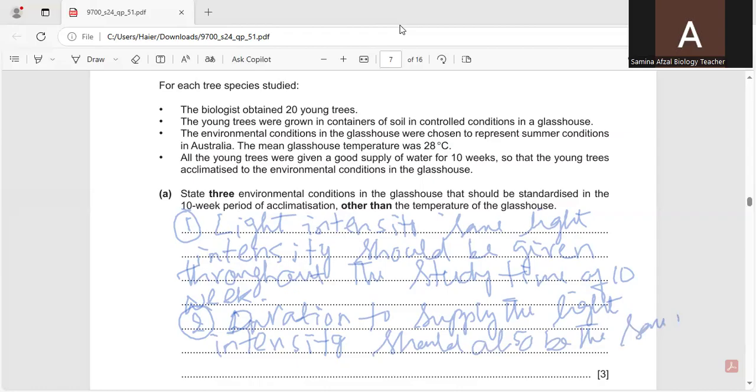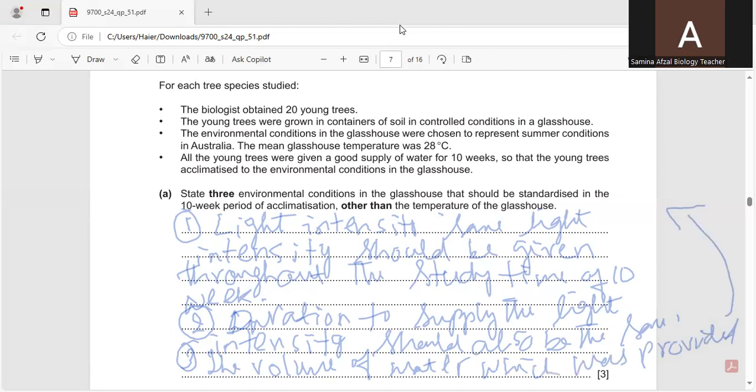The volume of water which was provided should be the same to all plants.